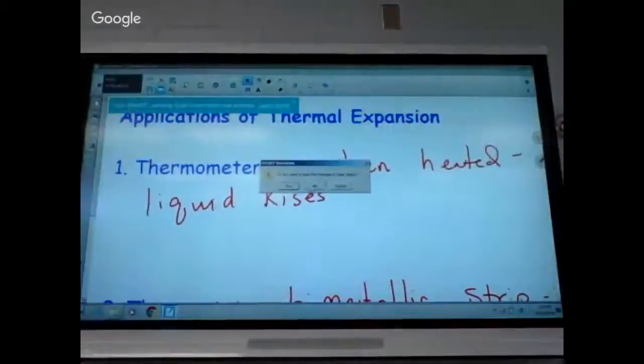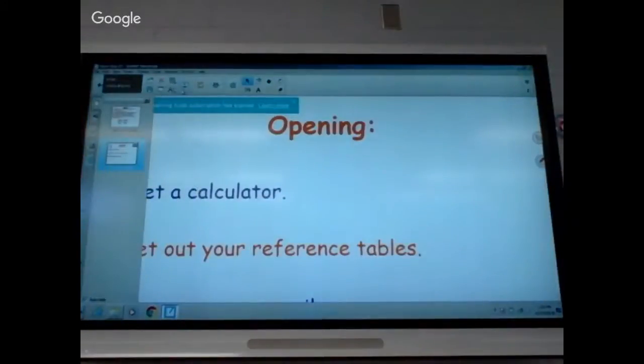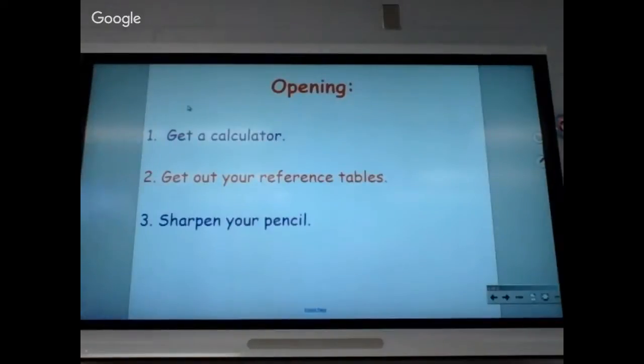We'll play with that when we do waves. 3 units away. 3 units, after electricity, magnets, and then waves. Thermometers are on my desk.